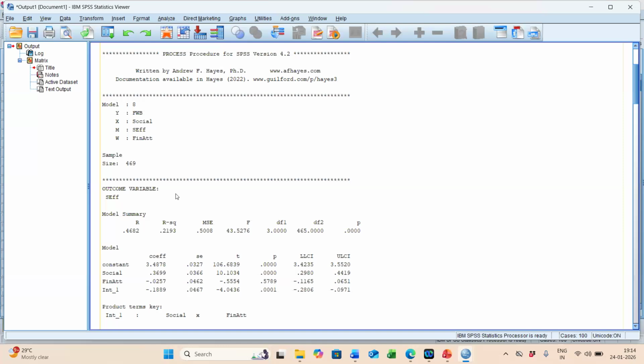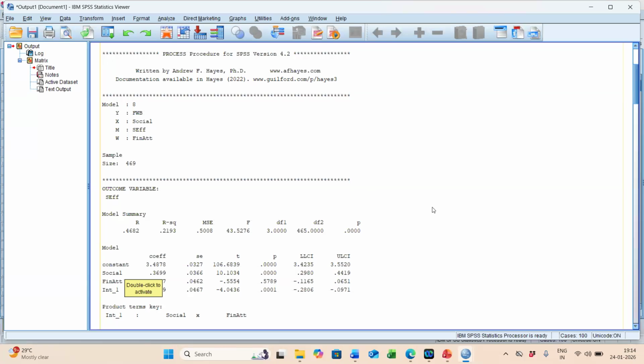So the first sub-model is the effect of the independent variable and the moderator on the mediating variable, self-efficacy.